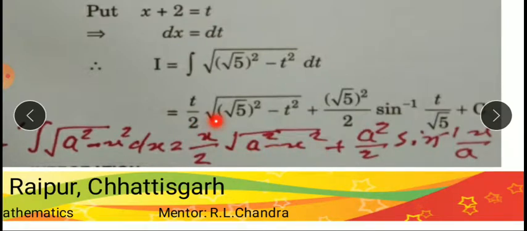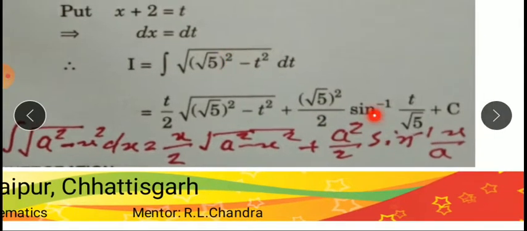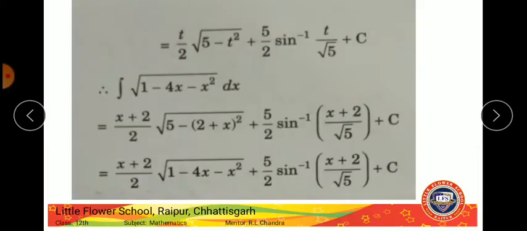What is a? A means root 5, root of root 5 square minus t square plus a square by 2, a means root 5 square by 2, sin inverse x upon a. Sin inverse x means t, a means root 5, plus constant of integration.